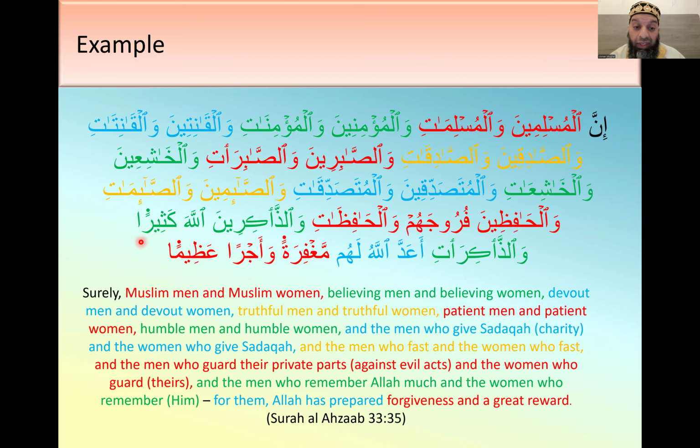Wadh-dhakirina Allaha kathiran, wadh-dhakirina, plural. Those who remember, those who do dhikr of Allah. Kathiran, what's kathiran mean? From what you learn in your word list, in your vocabulary, kathiran, a lot. So those who remember Allah a lot from the men. Wadh-dhakirat, and the women too. Yeah, and the women who remember Allah much as well.